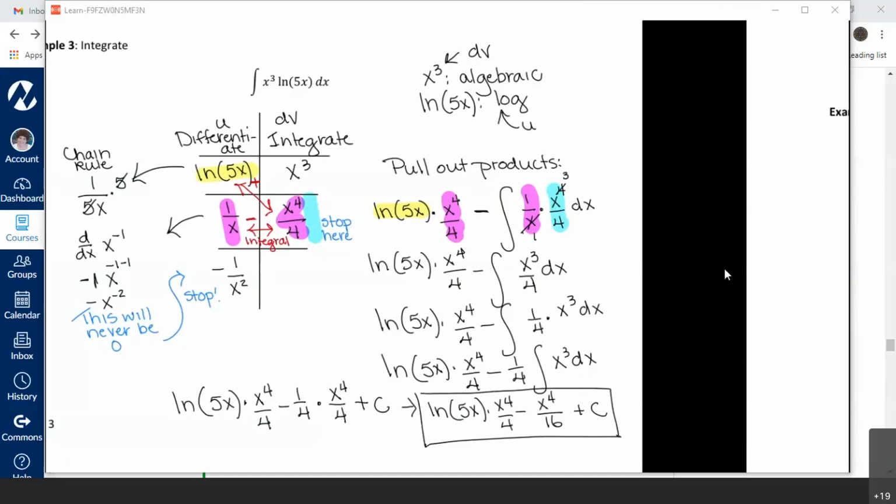Okay. Everybody okay with example 3? Okay, so questions on example 3. Okay, example 3 shows you when you've got logs, how you have to basically stop the process prematurely and then pull out an integral by going across the table. Okay, that'll only happen when you have logs.